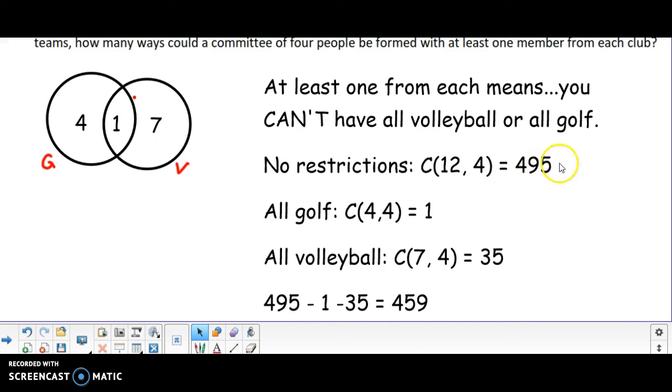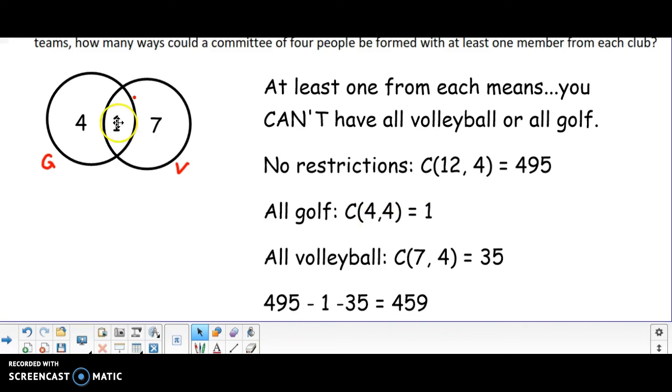Now this represents every single selection of 4 players from the group of 12. That includes at least one from each club, but it also includes the condition we don't want to happen, which is either all golfers or all volleyball players. So how many ways can we choose 4 players that are all golfers? That'll be 4 choose 4, which is equal to 1. Now why isn't it 5 choose 4?